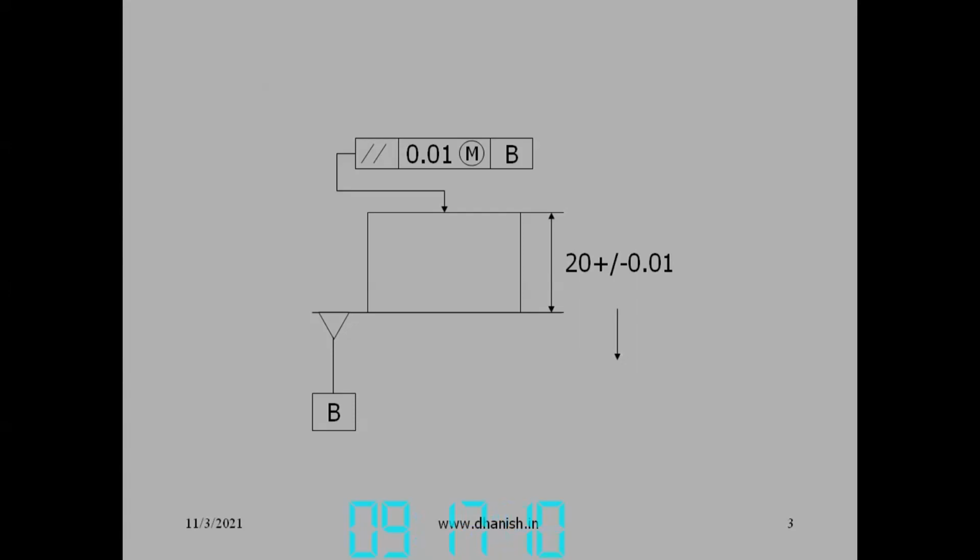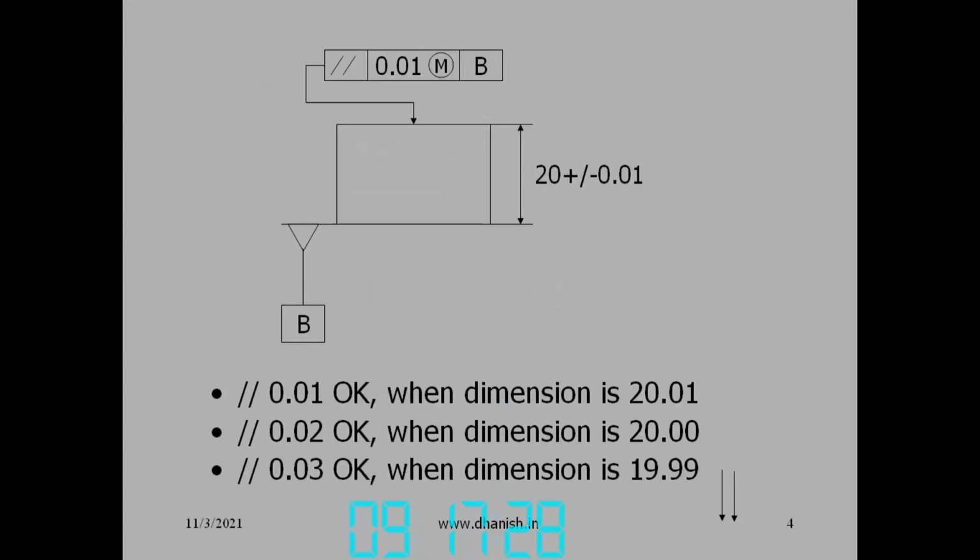So when the thickness is 20.01, the parallelism tolerance is 0.01. But suppose thickness is only 20, so it is 0.01 less. Then that tolerance gets added to this parallelism tolerance, so the parallelism tolerance becomes 0.02. When the dimension is 20.01, parallelism of 0.01 is okay, only up to 0.01 is allowed.